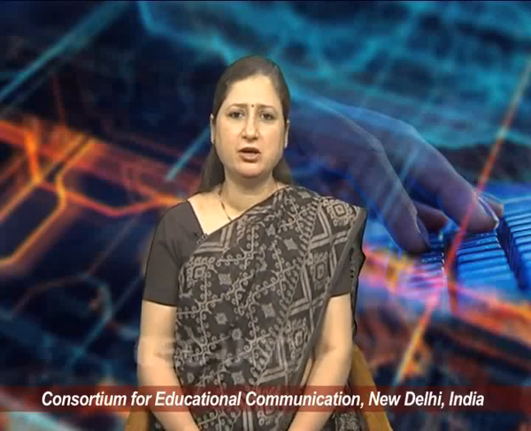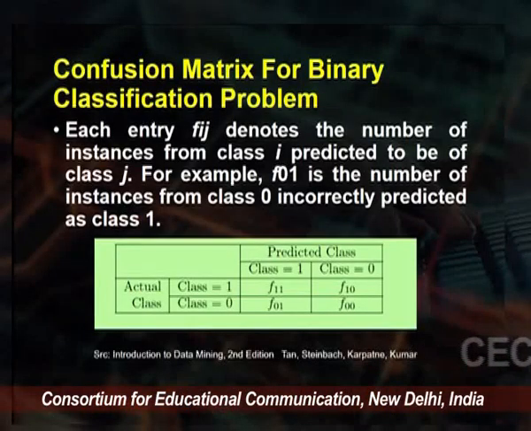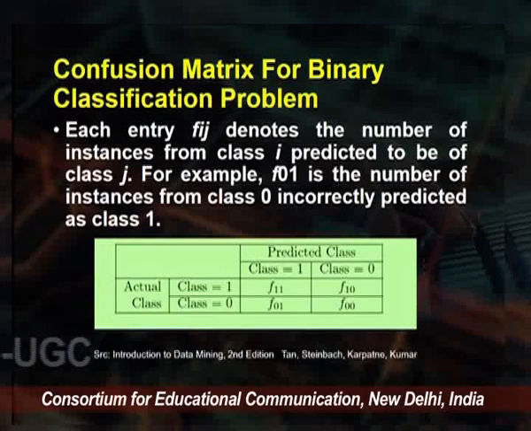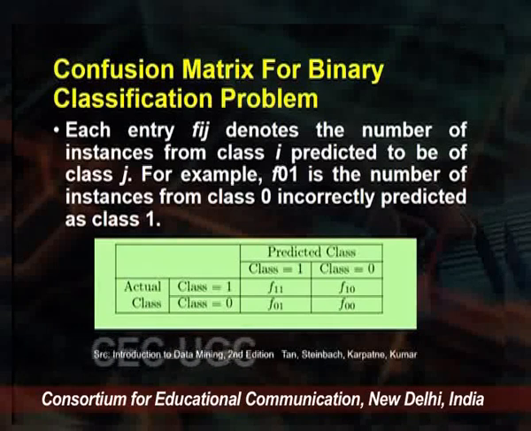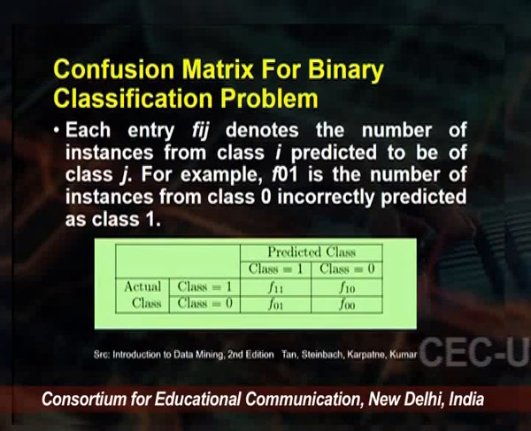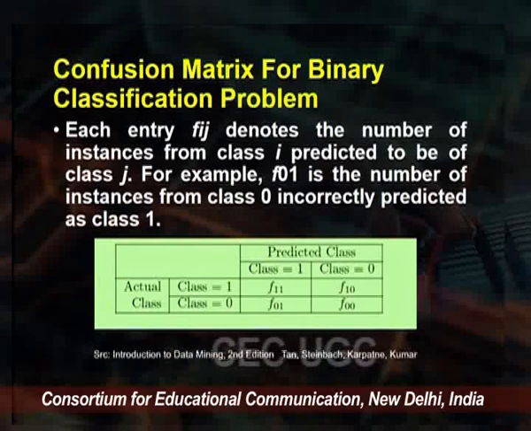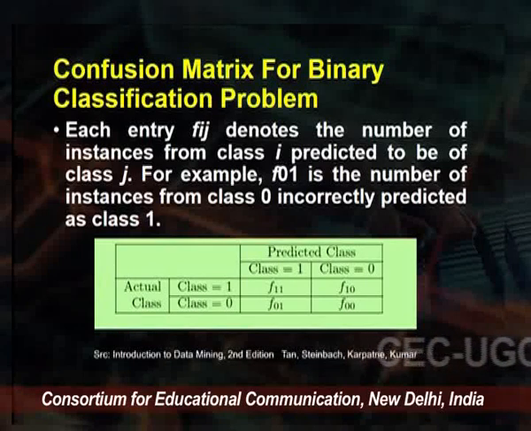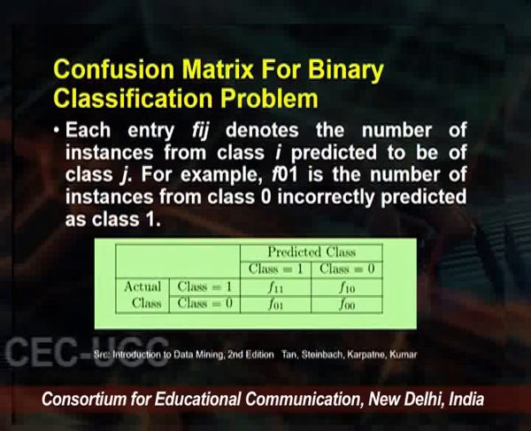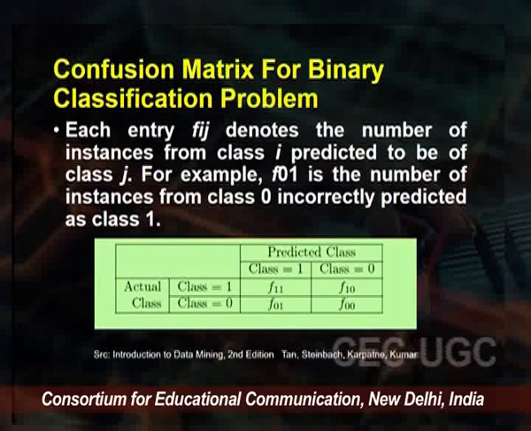If we look at the confusion matrix for a binary classification problem, each entry in the confusion matrix, say entry Fij, will denote the number of instances from class i which are predicted to be of class j, okay. So if we say F01, it means the number of instances which actually belonged to class 0, but were incorrectly predicted as class 1, okay.